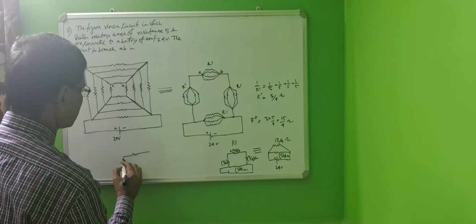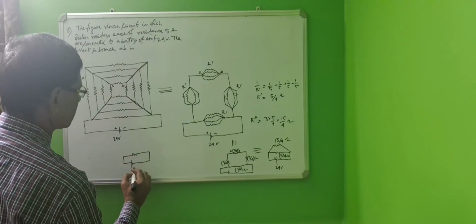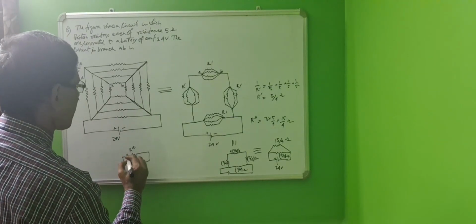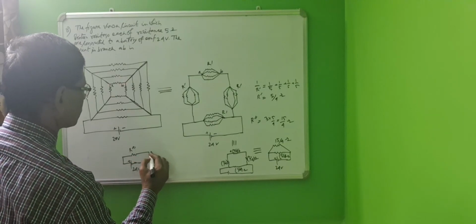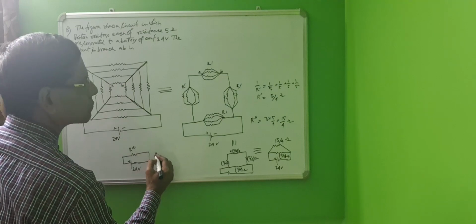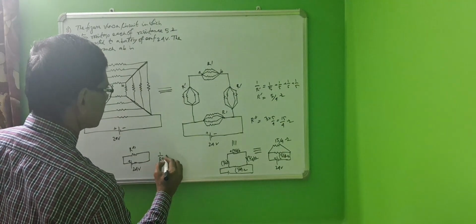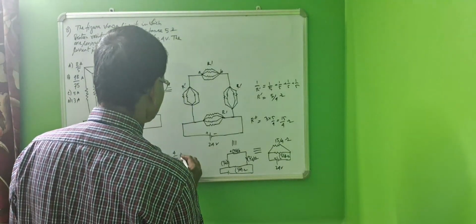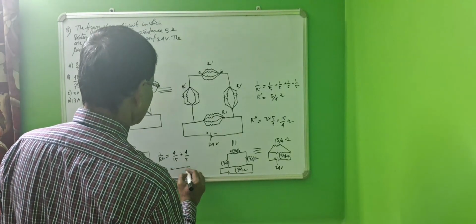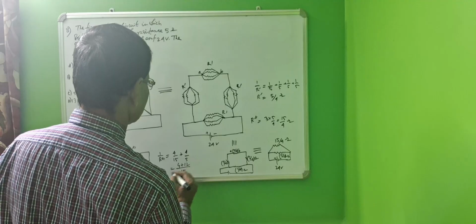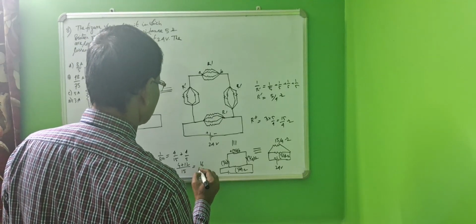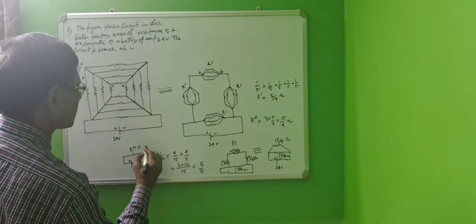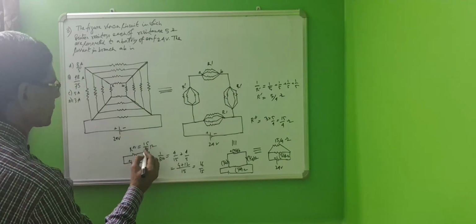Now R triple dash is given as, so R triple dash equals to 15 upon 16 ohm.